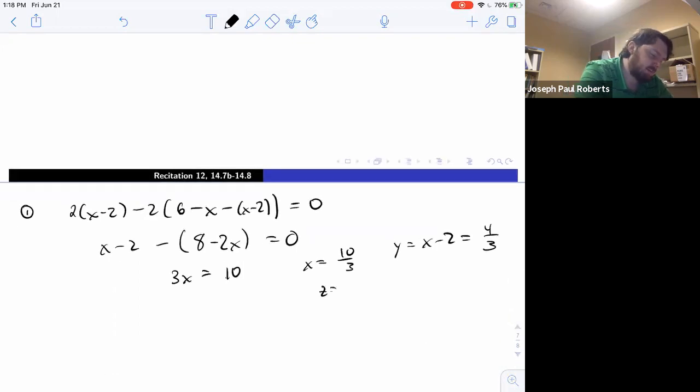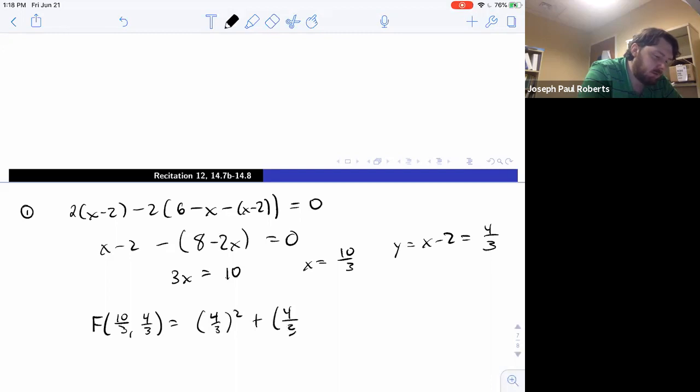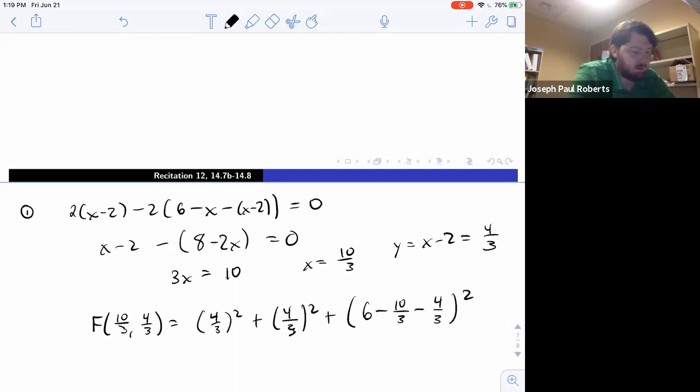And then z is 6 minus, well, at that stage, I guess we could just do capital F of 10/3, 4/3. x minus 2 is 4/3, so 4/3 squared plus y squared plus (6 minus x minus y) squared. So that's what, 18 minus 10 minus 4 is 4/3.